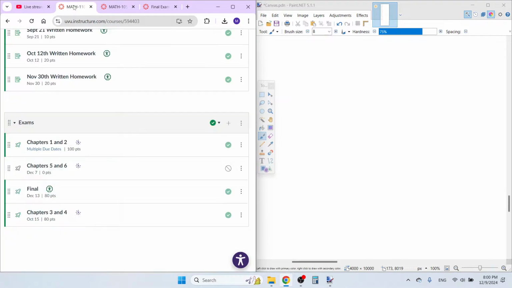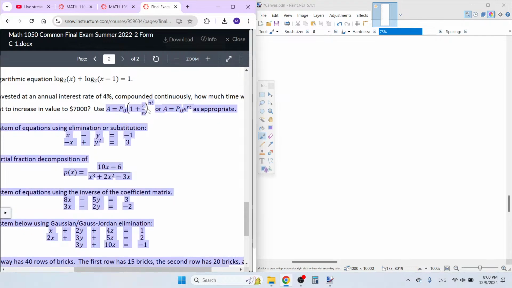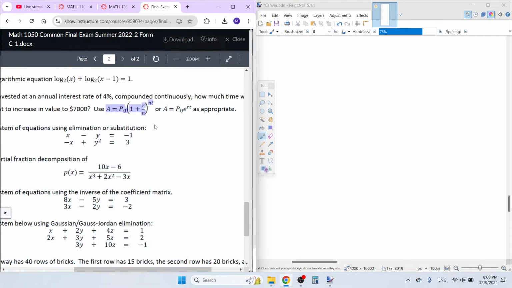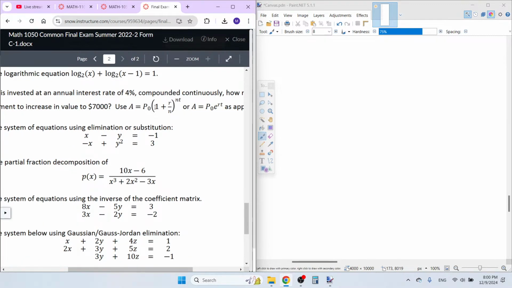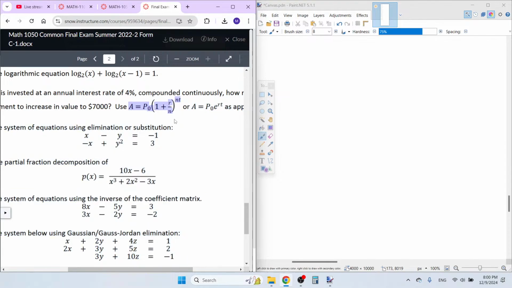It's okay. So this equation is called the discrete compound interest equation, and I can blow it up a little bit bigger so you can see. This is discrete compound interest. What that means is that in this equation, interest is only charged a certain number of times per year.